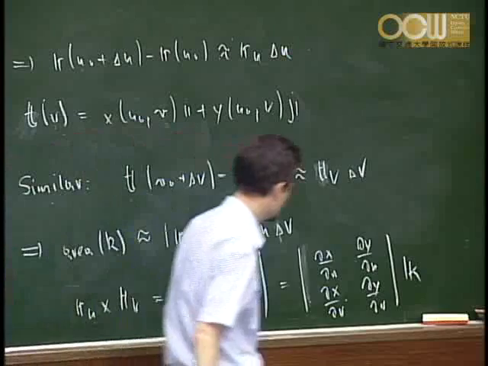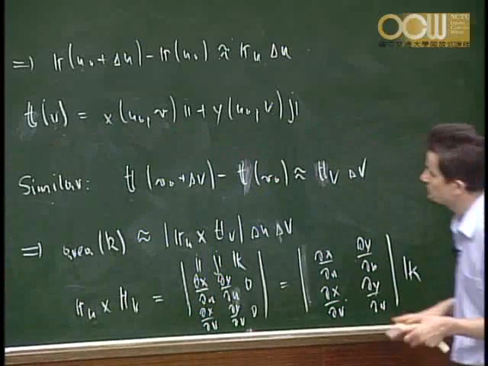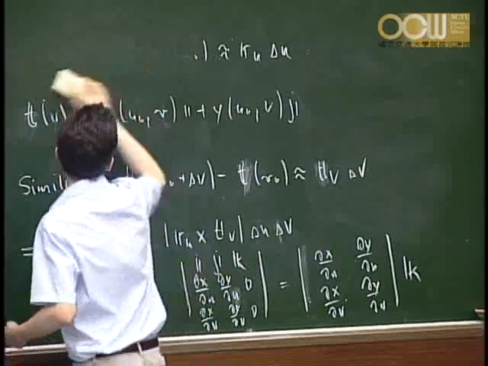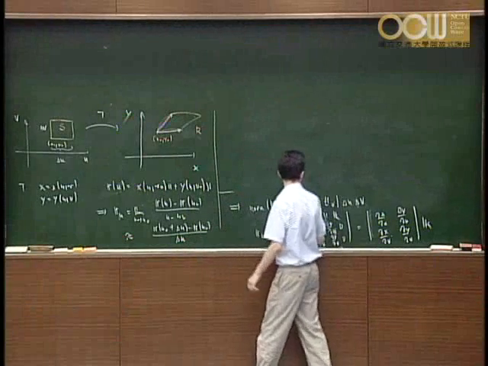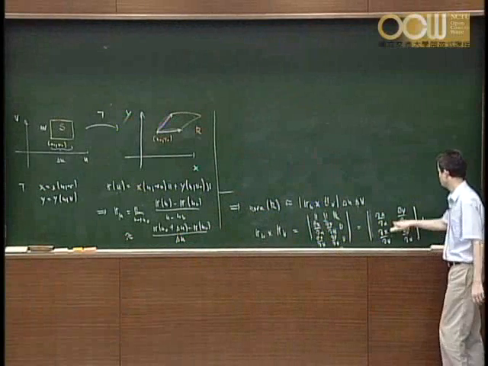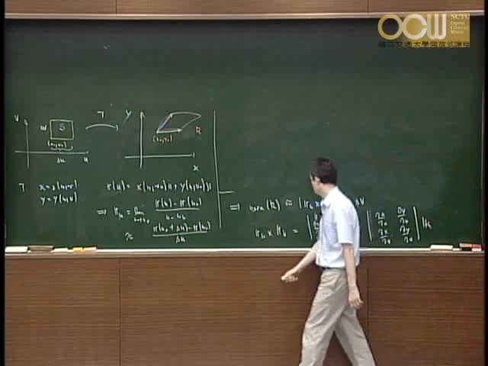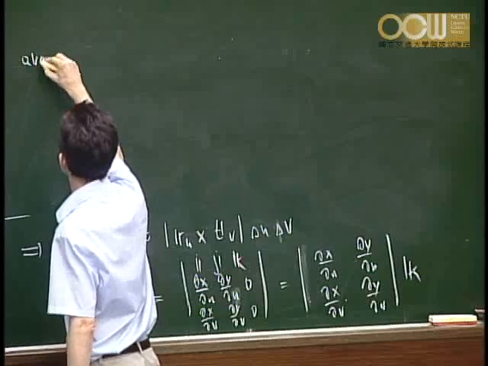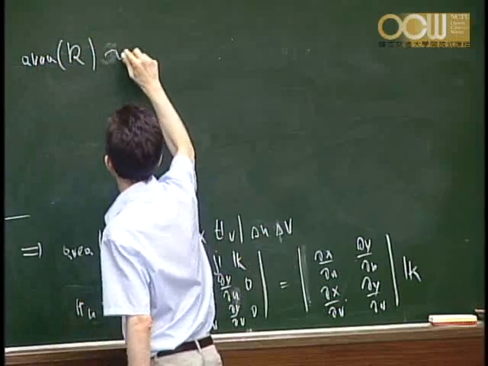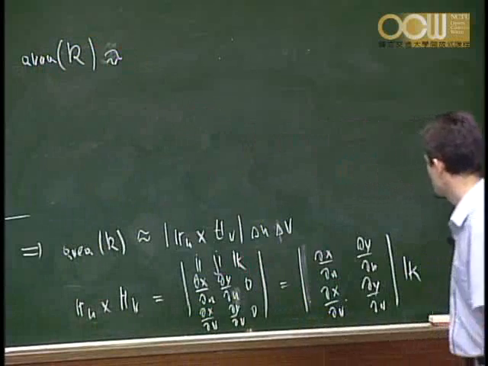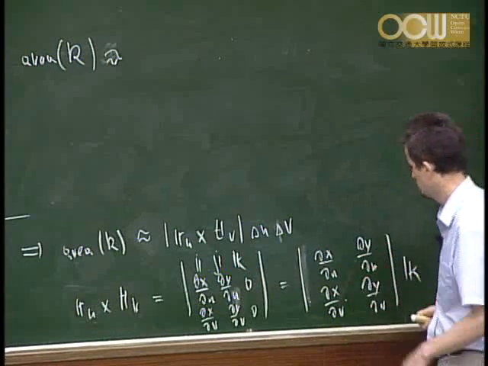Now, I wrote things slightly different to our textbook, so I can erase this one. But if you plug this in here, because we have still to take the absolute value here, so this is the determinant, so this times this minus this times this here. And the area of R is roughly the absolute value of this determinant.